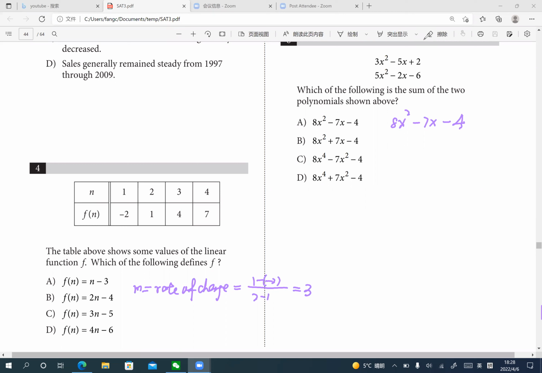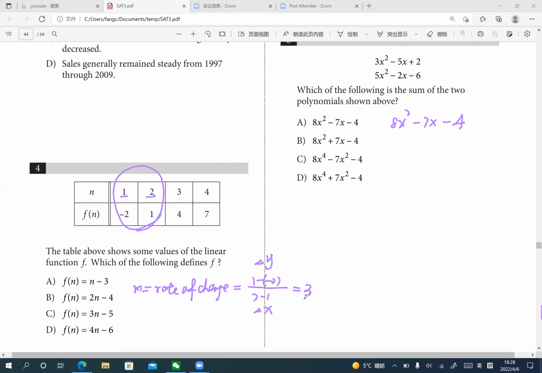Because the slope, also known as the rate of change, is equal to the change in y over the change in x, we choose the first two points: 1 minus -2, which represents the change in y, and 2 minus 1, which is the change in x.